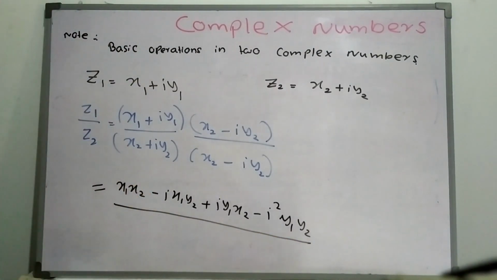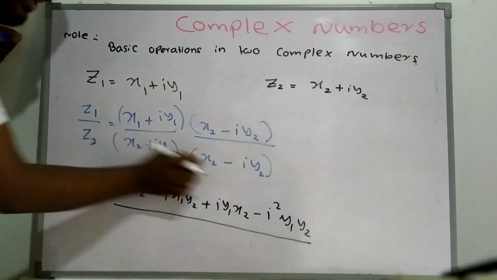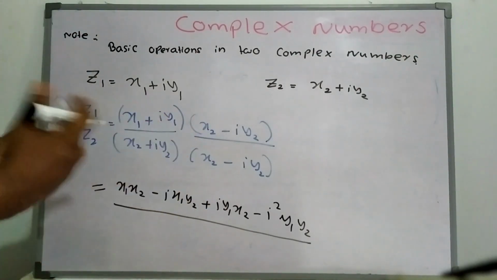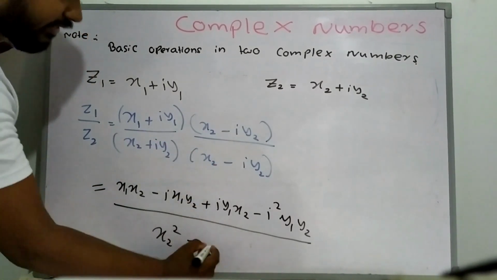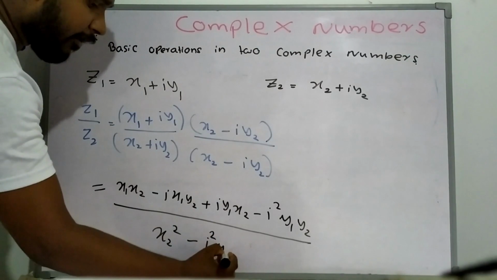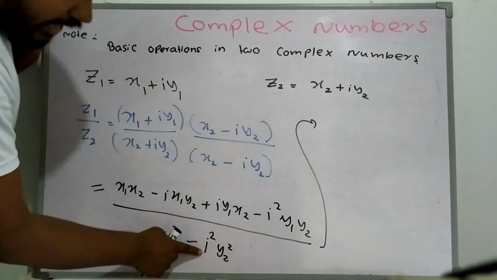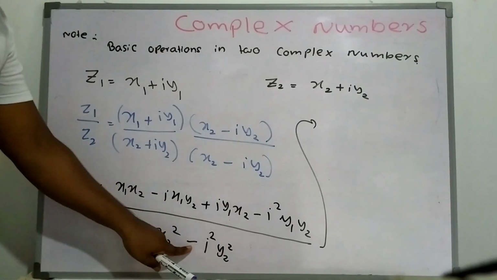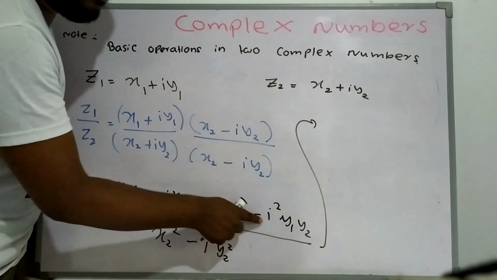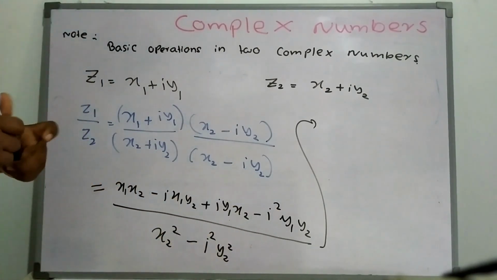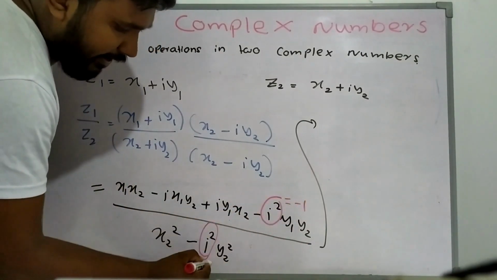What about the denominator? You can see the denominator is multiplied by its conjugate, which is the factorization of a difference of two squares: x2 squared minus i squared y2 squared. Actually i squared means minus 1, and minus into minus is plus. So all i squared are minus 1.